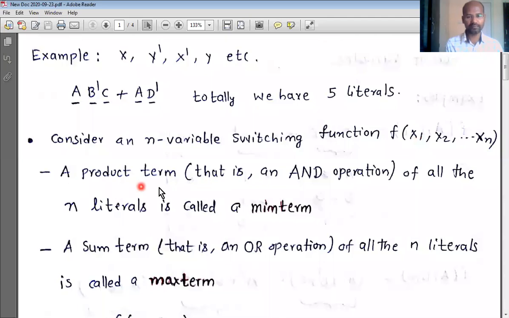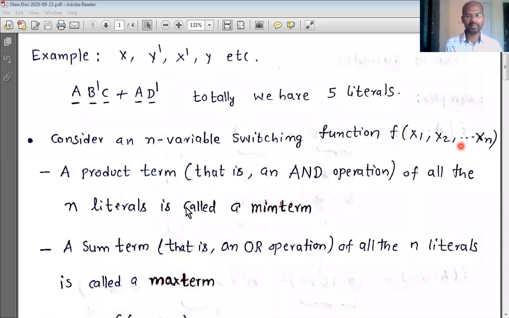Now see, this is the definition given to minterm. A product term, product in Boolean algebra or switching algebra refers to the AND operation. So a product term, that is an AND operation of all the n literals. We have already said f is a switching function with n literals.